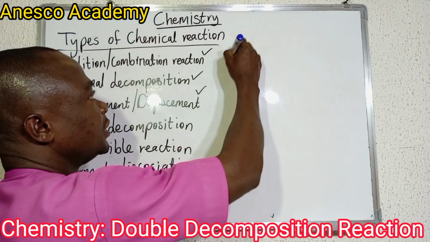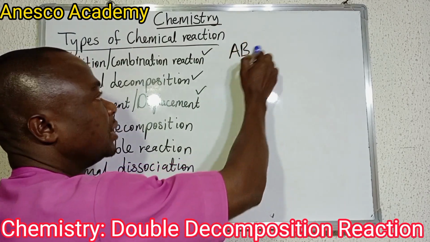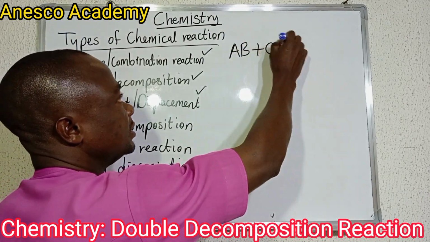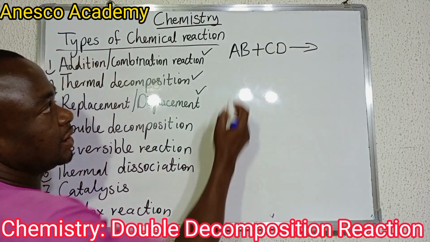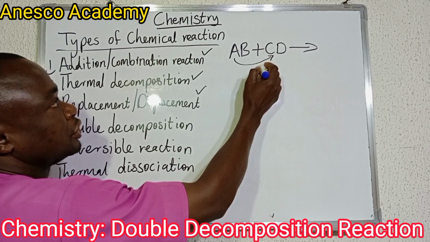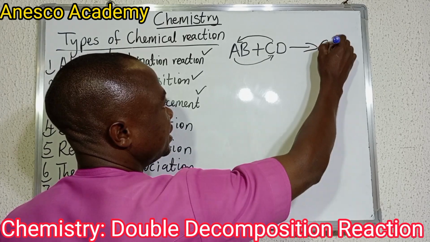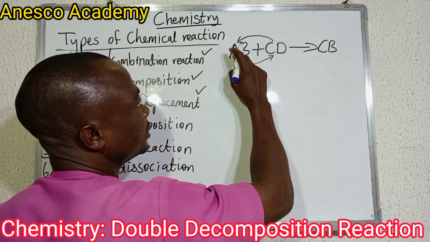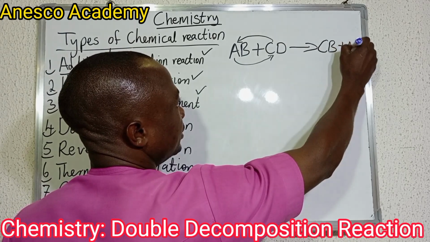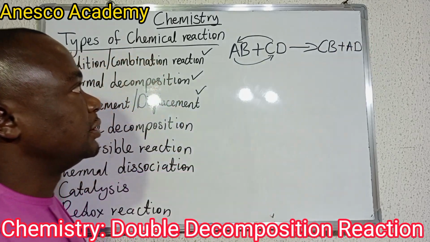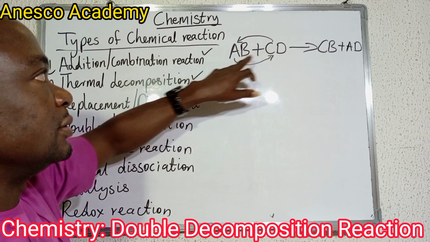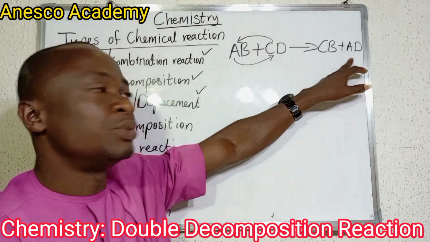For instance, we have AB, a compound, reacting with CD. Then A will take the position of C, while C takes the position of A. Then we now have CB, and AD. You see, A and C only exchange position to form new products.